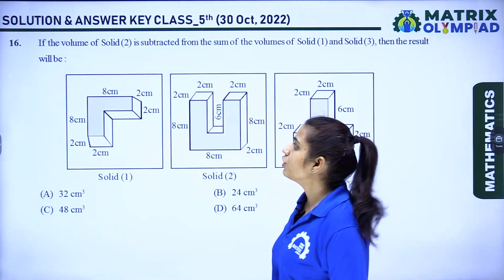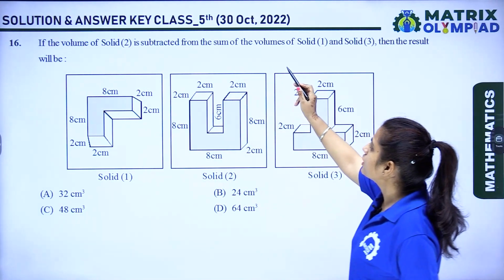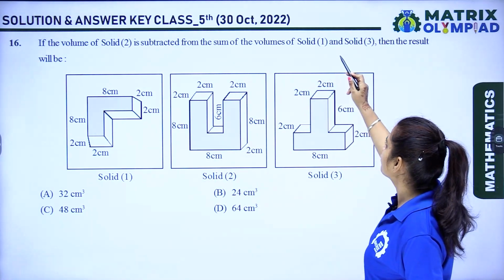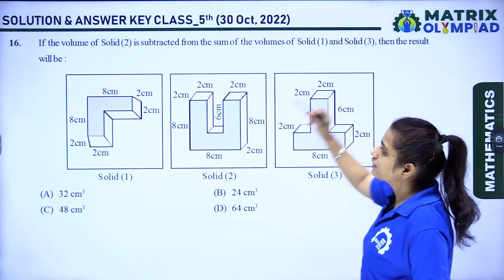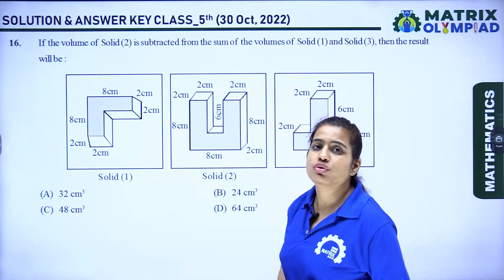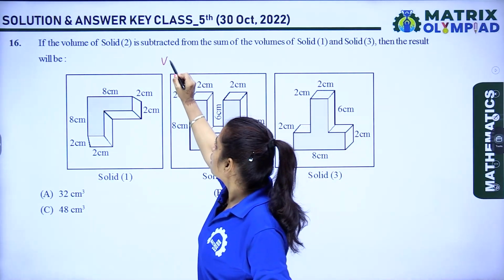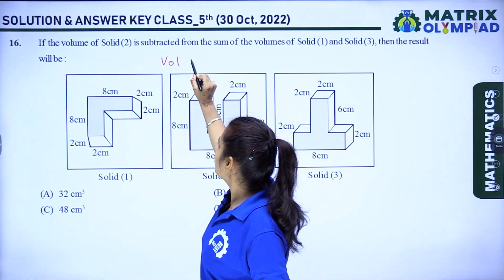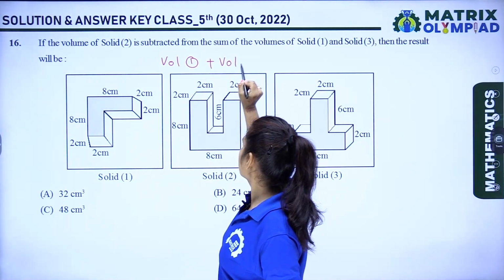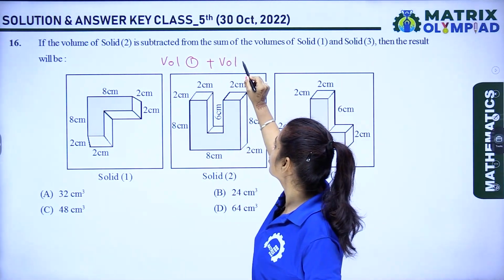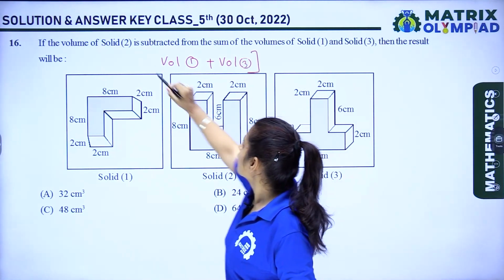Now the next question is, if the volume of solid 2 is subtracted from the sum of the volumes of solid 1 and solid 3, then the result will be. We have to find out the result. Now we have to first find out the volume of solid 1 and then we have to add that to the volume of solid 3.